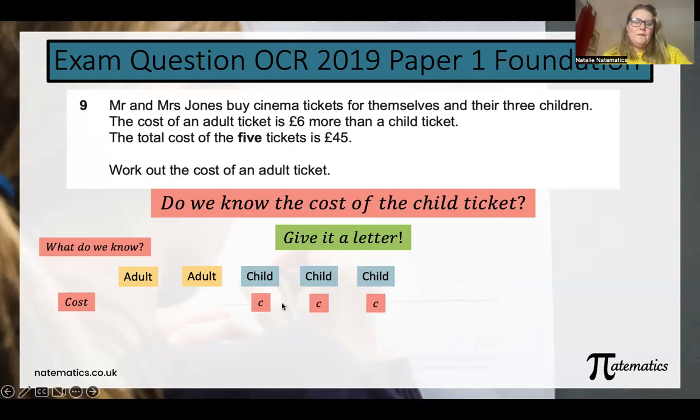Okay. Now, what do we know about the cost of an adult ticket? Well, it's £6 more than the cost of a child ticket. How much is a child ticket? I don't know, but I'm representing it as C. So what's 6 more than that? If you knew what that was, say it was £10, what would we do if we said, well, it's £6 more than the child ticket?